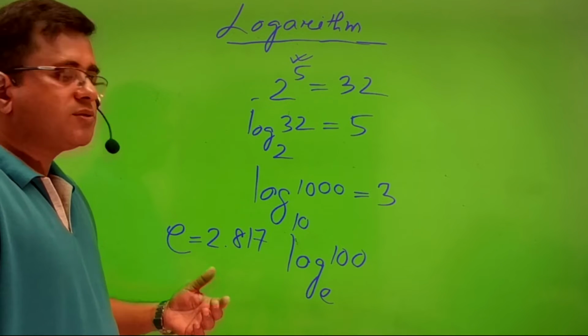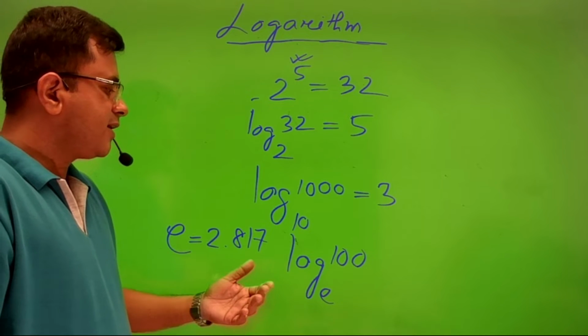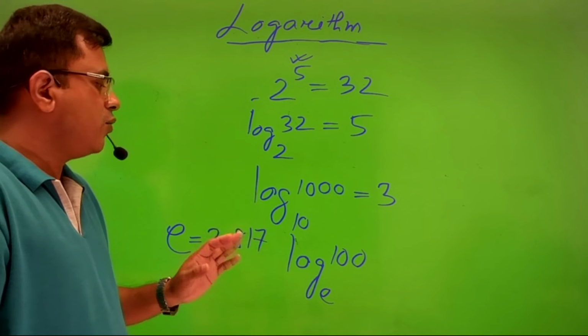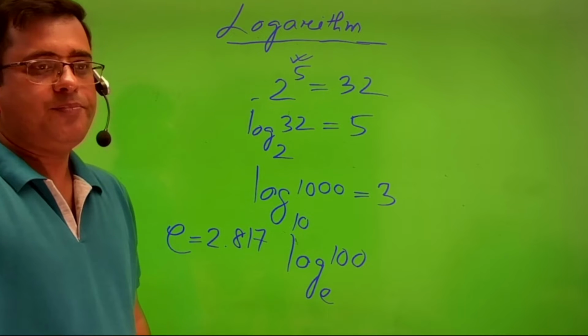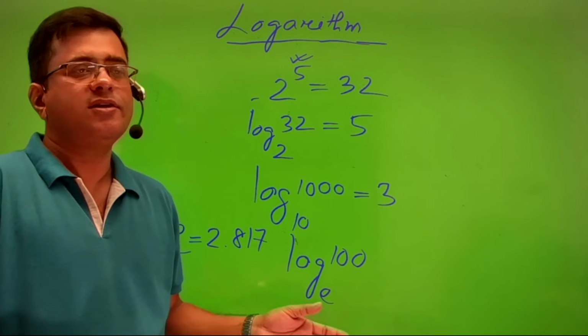Sometimes we use 2 as the base of a log. In that case those logarithms are known as binary logarithms. Binary logarithms are used in computer systems.